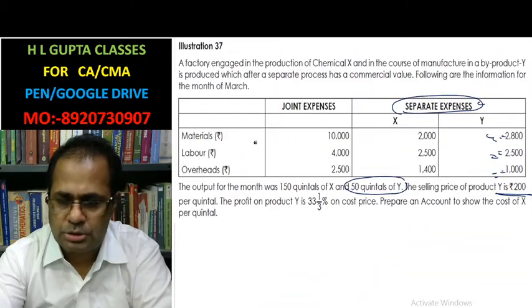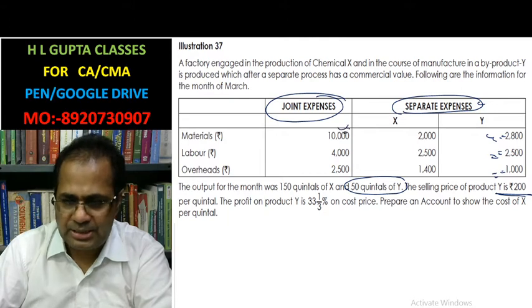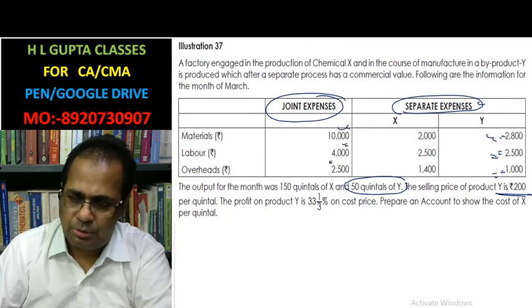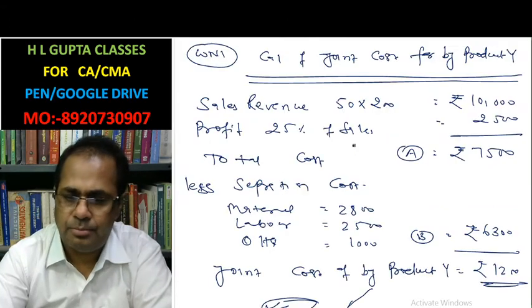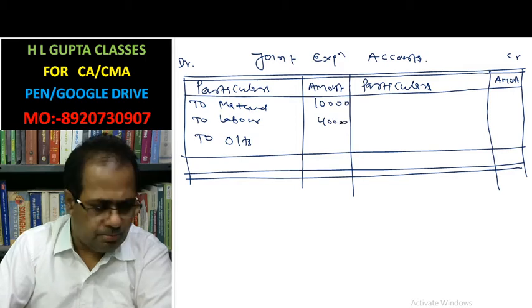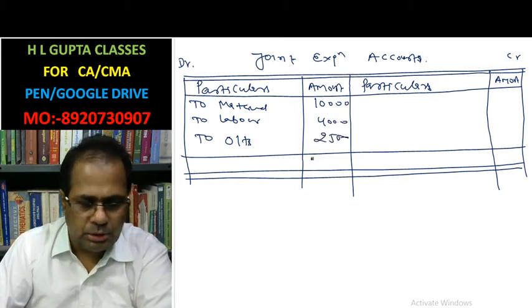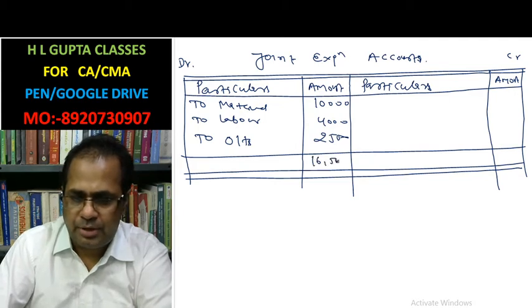What is the joint cost you have? Joint expenses: material 10,000, labor 4,000, overhead 2,500. This is 16,500.